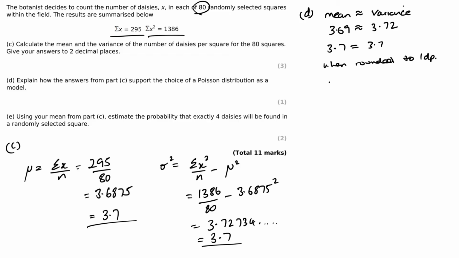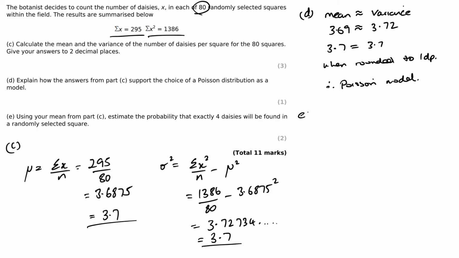Therefore, Poisson model. It's totally up to you how you say it, but you're basically saying that these are almost equal to each other.